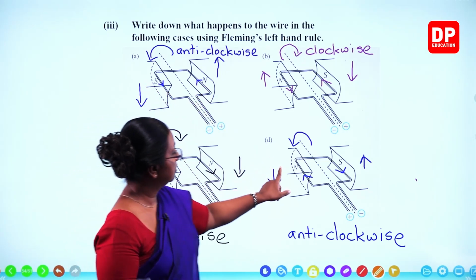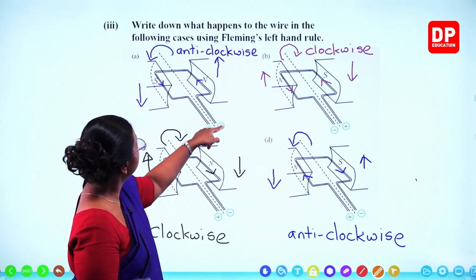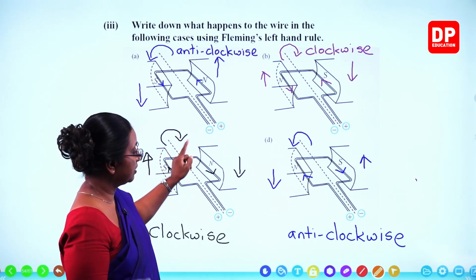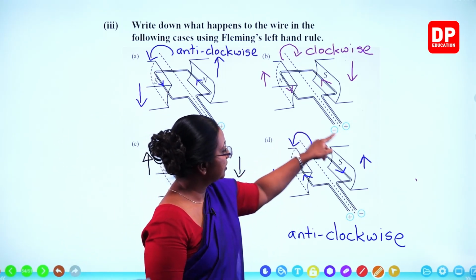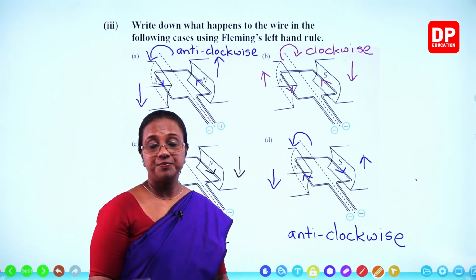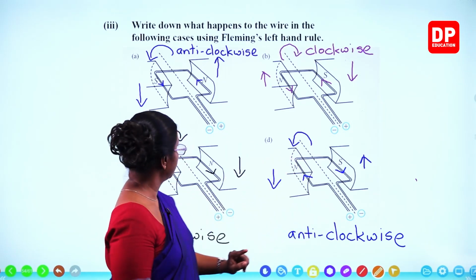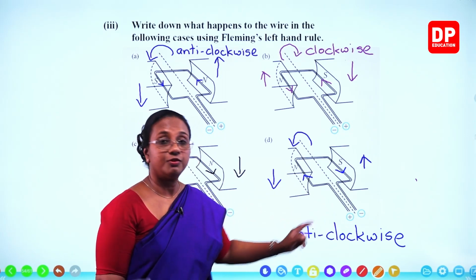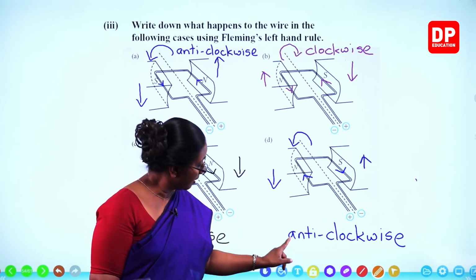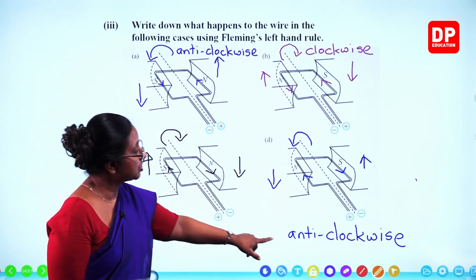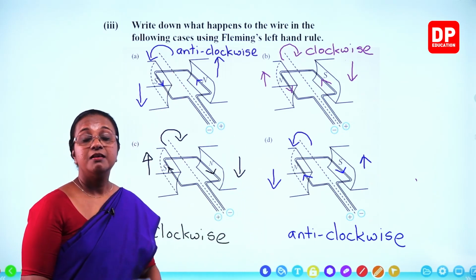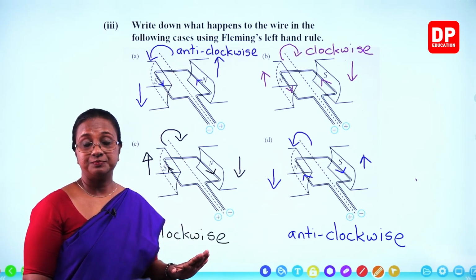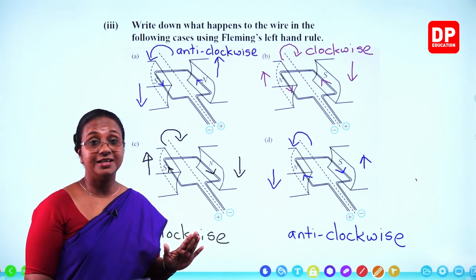South to north, north to south. Current flows from this way and comes out this way. Here current flows this way and comes out there. So both have been changed. Magnetic field is changed. Direction of the current flow has been changed. But the direction of rotation, can you see, remains the same. Is that clear now?